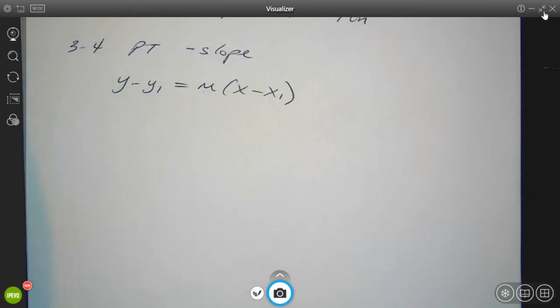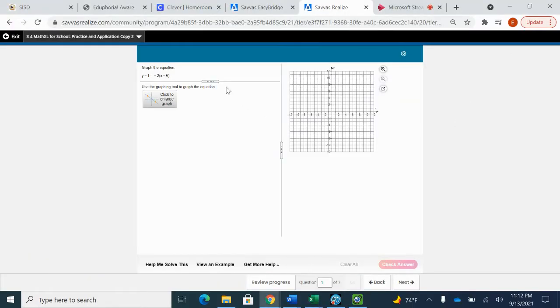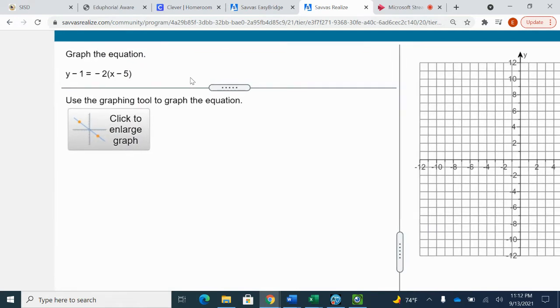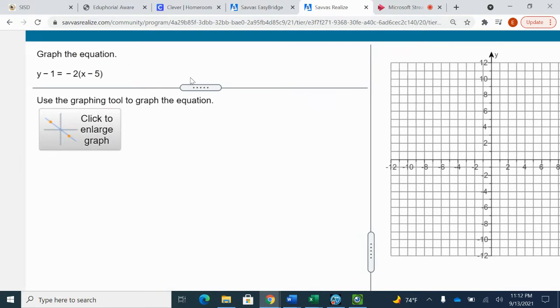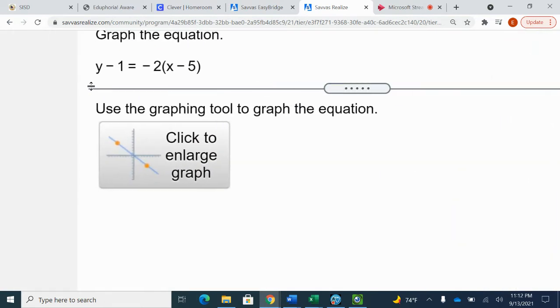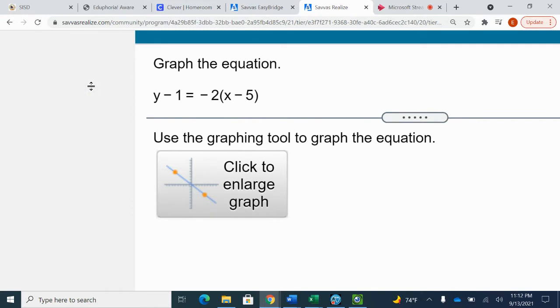Looking at the homework, problem number 1 says, hey student, I would like you to graph this equation. Now the inconvenient thing for you is that your calculator can't graph this. We can't graph y minus 1 equals something. If you remember, to graph this in our calculator, we need it to equal y, or f of x.